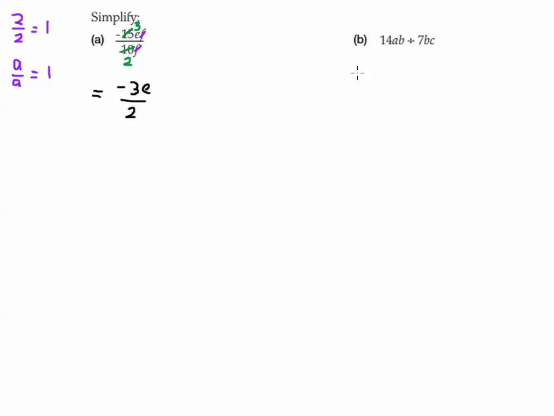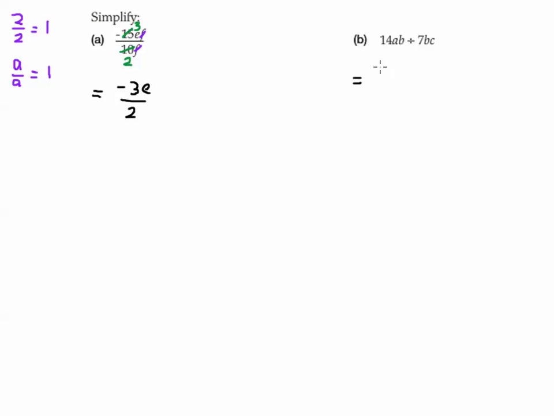Looking at the second one now, we can see that we've got 14AB, 14 times A times B, divided by 7BC. Now, what this means is that these dots essentially represent where the numbers go on the top and the bottom. This divide sign just looks like this: a divide sign with a dot on top and bottom. They represent numbers that are supposed to go on top as a numerator and on the bottom as a denominator.